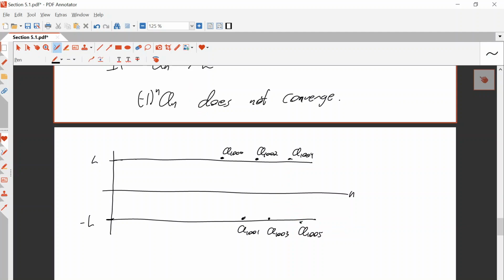So (-1)^n a_n does not converge because it doesn't approach any one number. It approaches like two different numbers, okay, but that's not convergence.